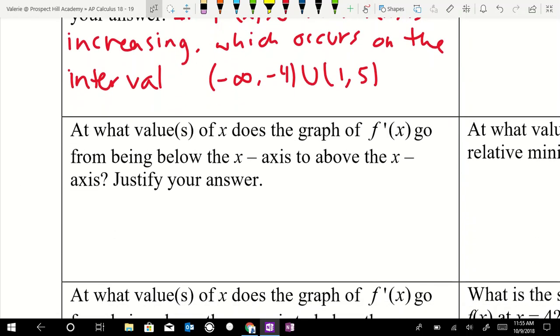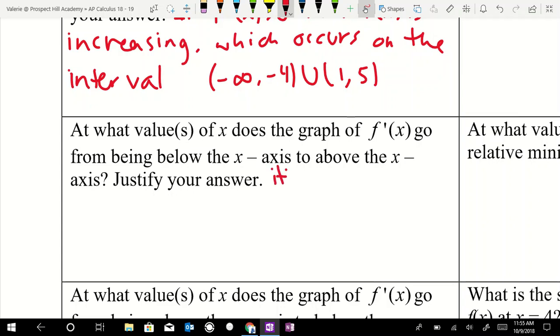Okay, so now we want to know at what values of x does the graph of f prime of x go from being below the x-axis to above the x-axis. So if our f prime of x is going from below the x-axis to above the x-axis, then we have a relative min. We're going to start with the justification.